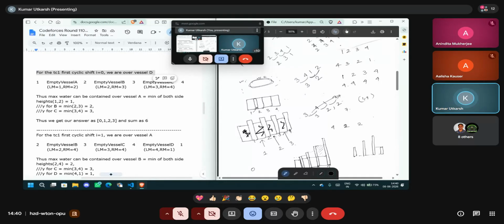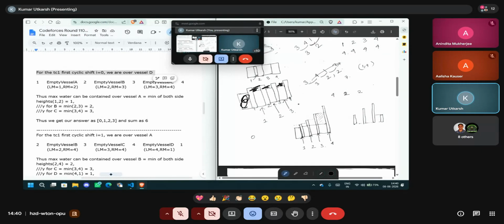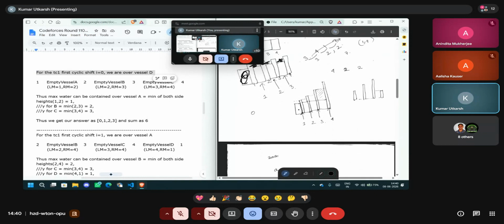Okay. So for this vessel, we want to store water between these towers, right? So for our first test case, for this vessel, if we want to store water between the towers of height 1, 2, then 3, then 4, then we can store water in between here, right?